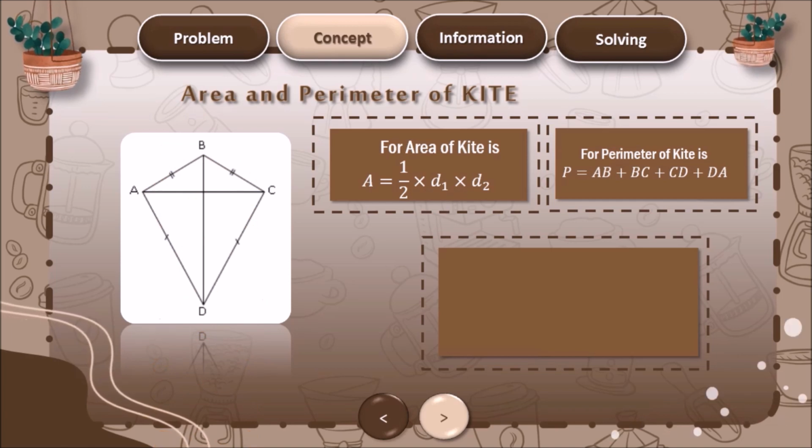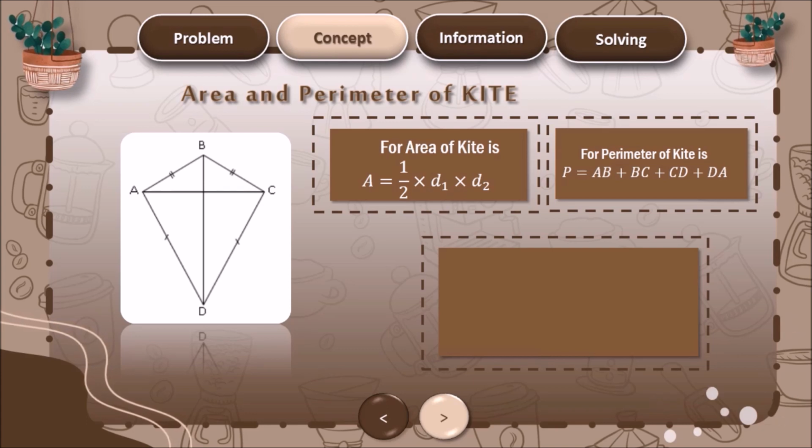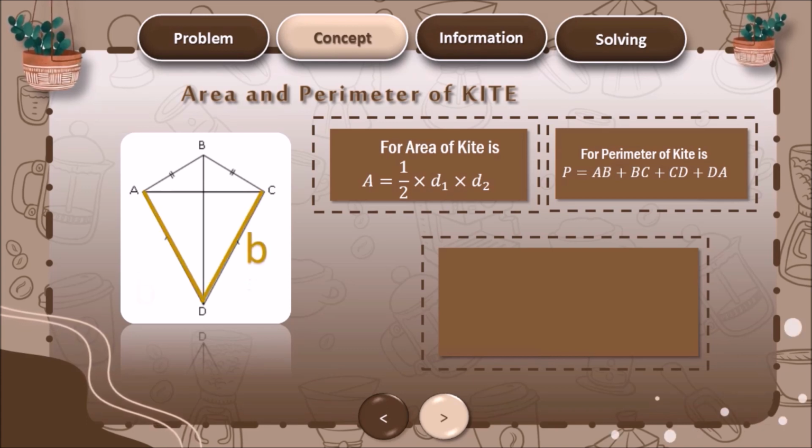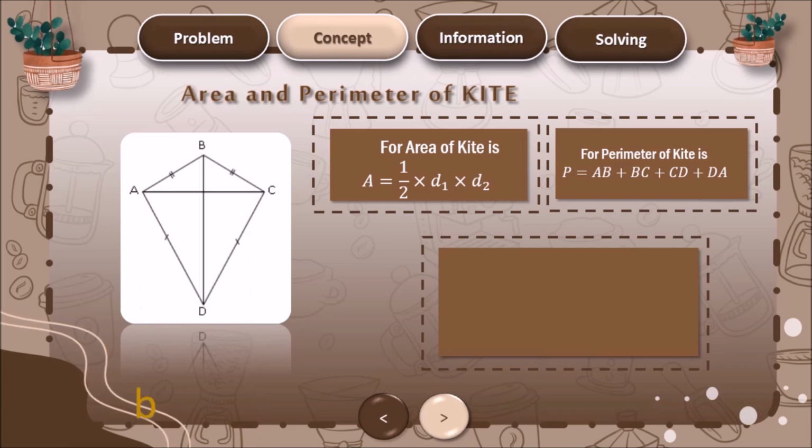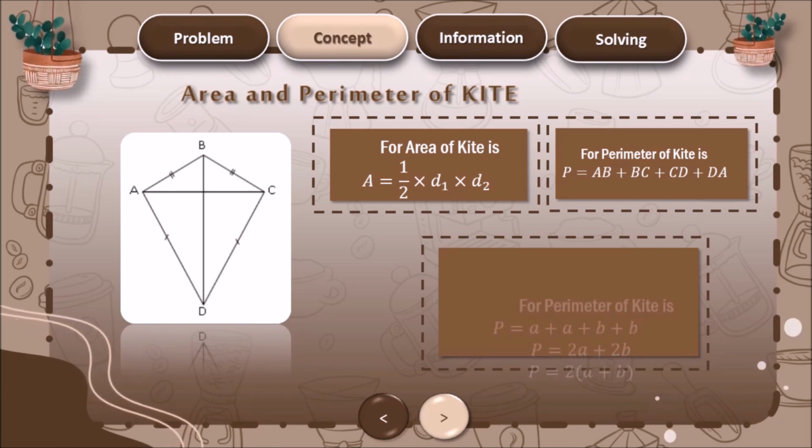Then the length of CD is equal to the length of DA, and if the length of CD is denoted by b, then we have b plus b is equal to 2b. So, the perimeter of the kite is 2a plus 2b.